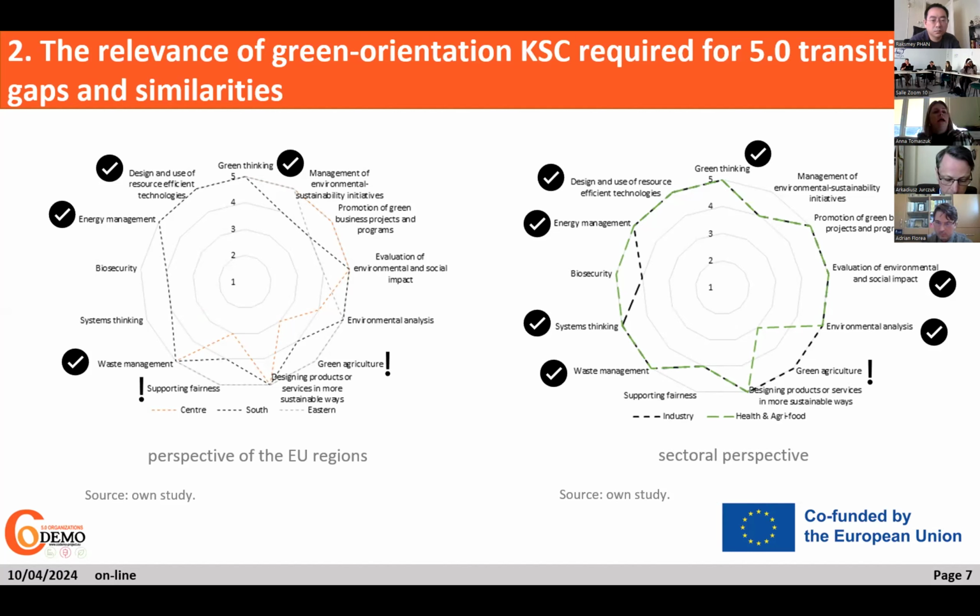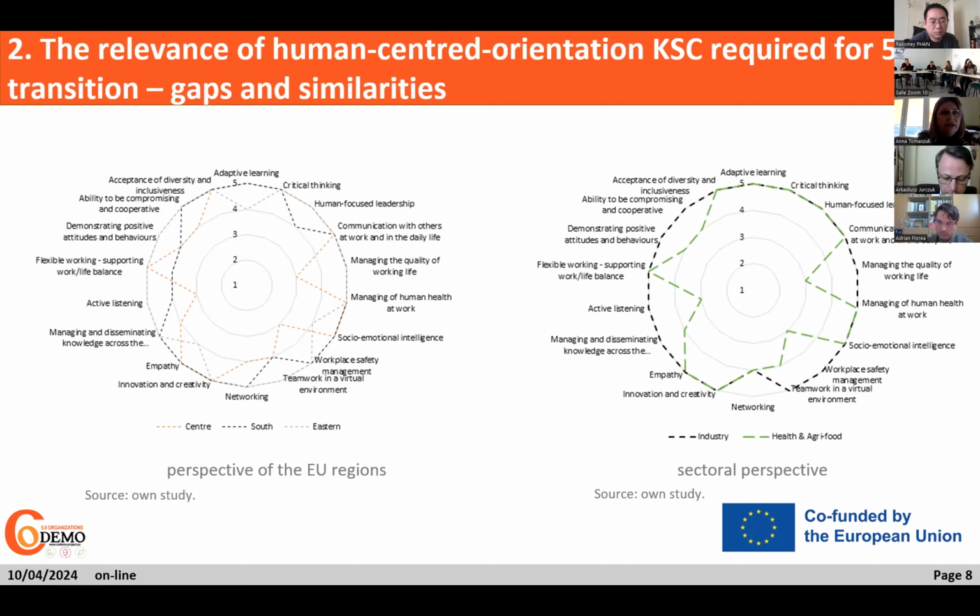In the case of the 4th dimension, we can observe that all of the 18 human-centered factors were considered by the respondents as relevant, although here we also have small differences between regions for 3 factors, and the same situation is in the case of the sectoral perspective.